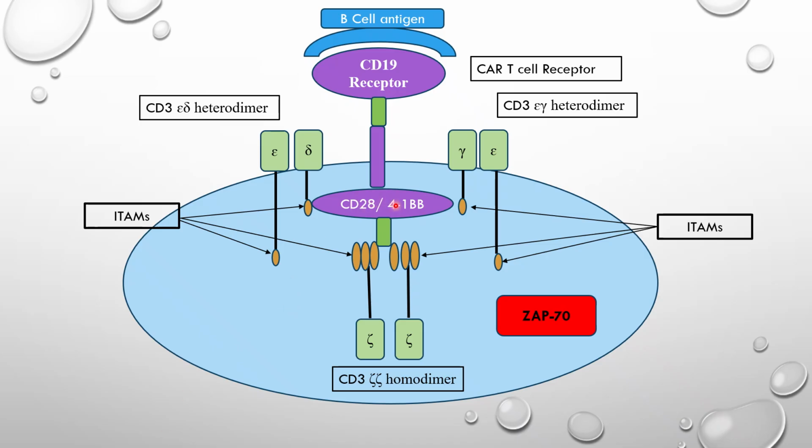I don't know whether this is the right place to talk about it, but when you get binding, you get the release of certain markers, and those markers can be tracked with flow cytometry. When you get degranulation, those are degranulation markers, and they can be detected by flow cytometry.